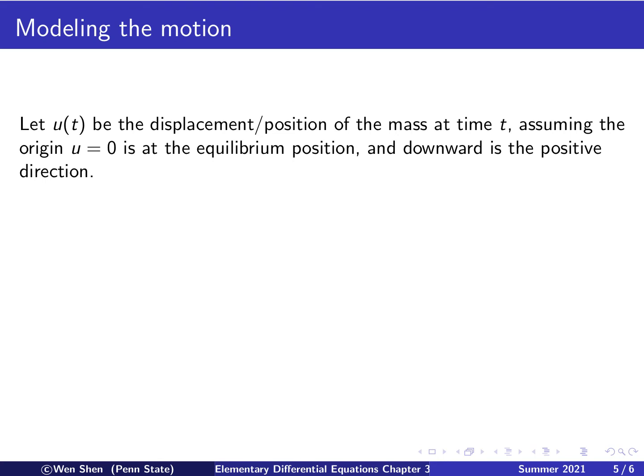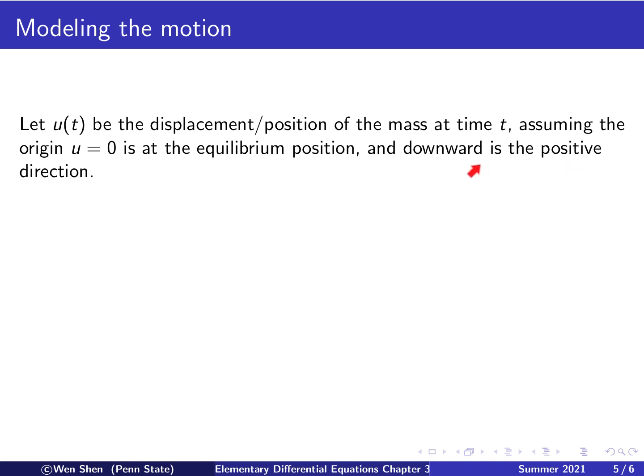And you have to assume where the origin is. So assuming that we can put the origin u equals 0 at the equilibrium position, we also assume downward is the positive direction.